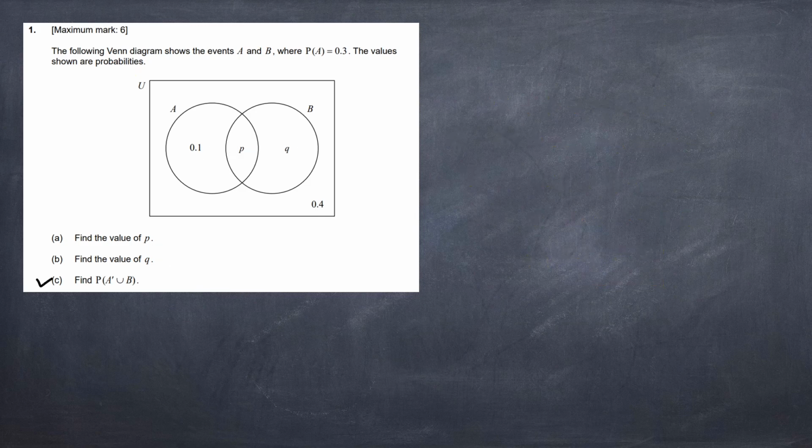Find P of A bar union B, or A complement union B. So what does A complement mean? A complement means the highlighted area that I am showing. See the highlight. This complete area, whatever is outside A, will be our region.